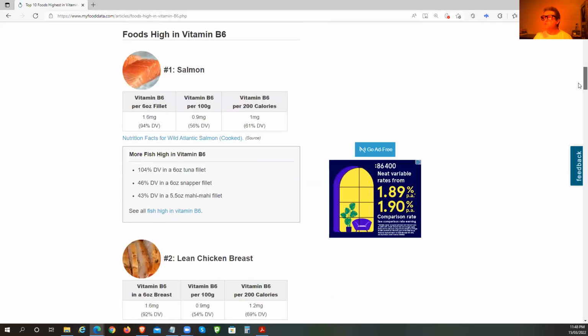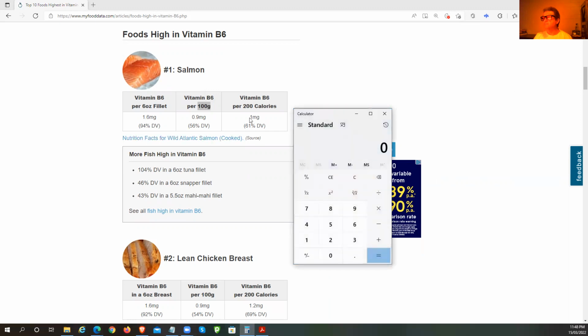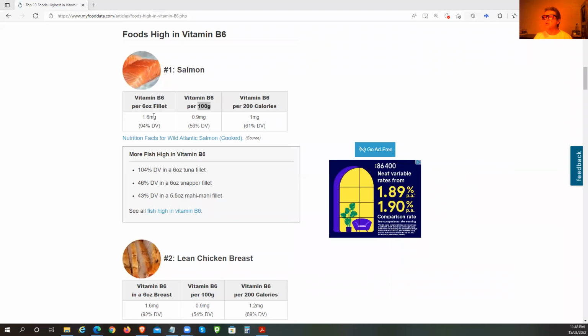When we're looking at foods, salmon is pretty high. That's per 100 grams, and 100 grams is 3.53 ounces, just to be clear. So at just slightly over 6 ounces, we'll ignore that, you will get nearly 100%.